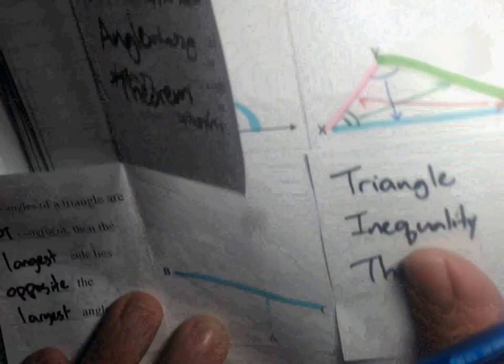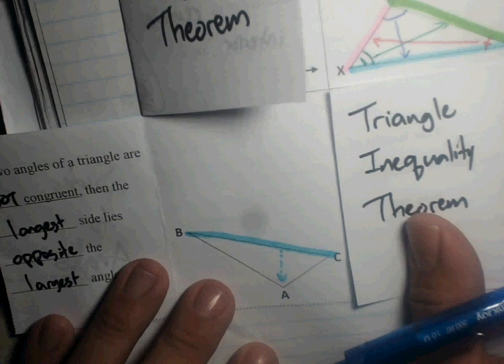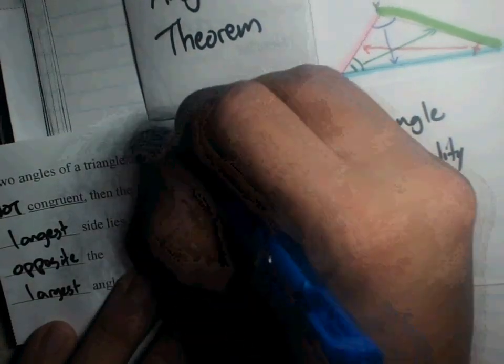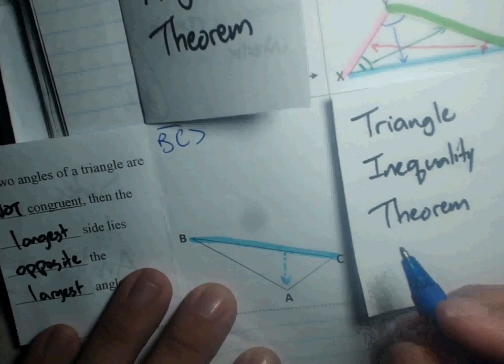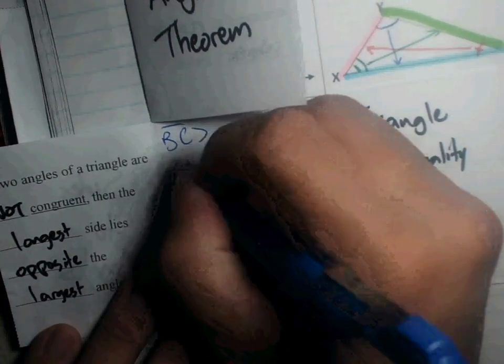BC is greater than, so in this case, angle A is also greater than.